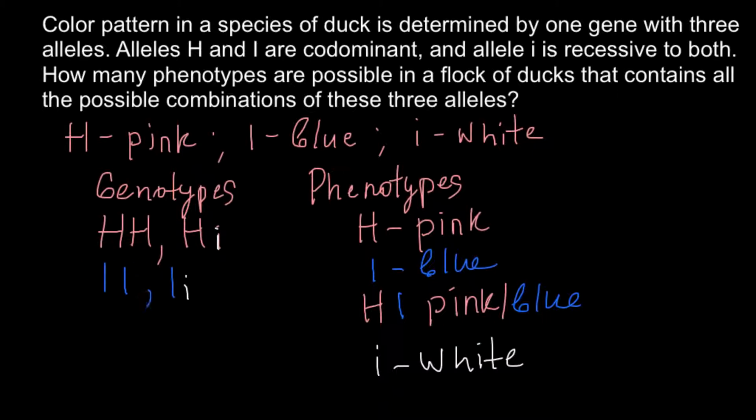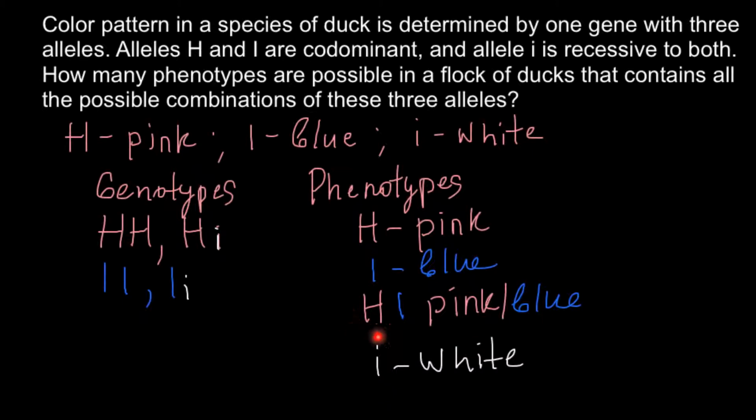It's understandable for the homozygous dominant, and here we have heterozygous. The recessive allele stands for the white color and the dominant allele stands for the blue color, so this heterozygous genotype would also produce blue color.